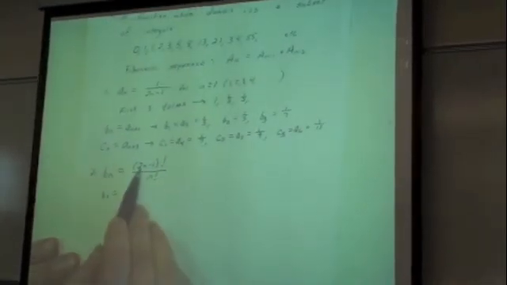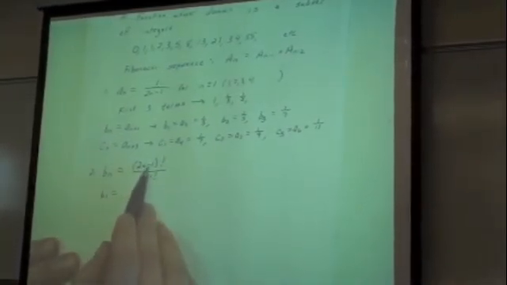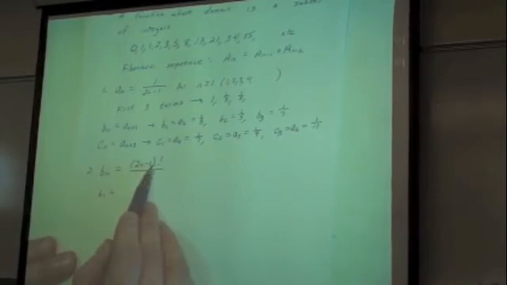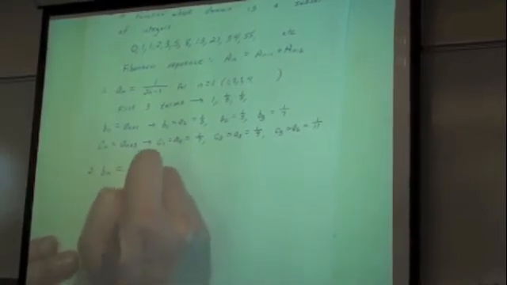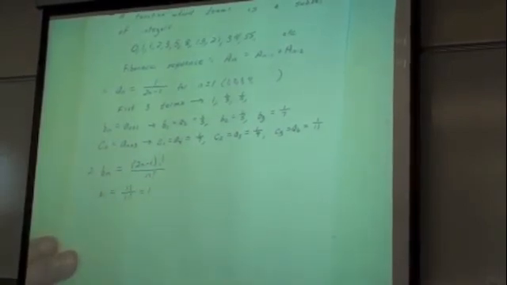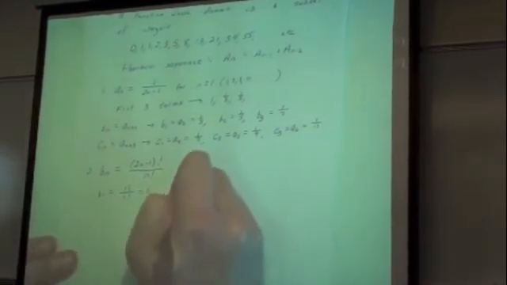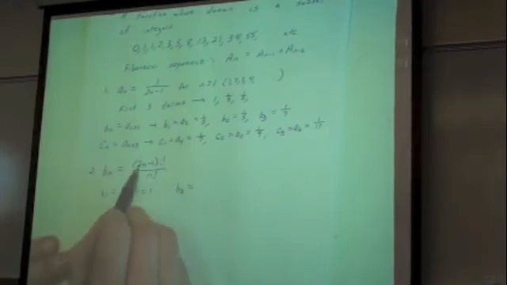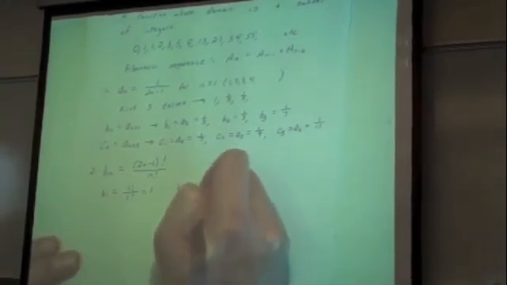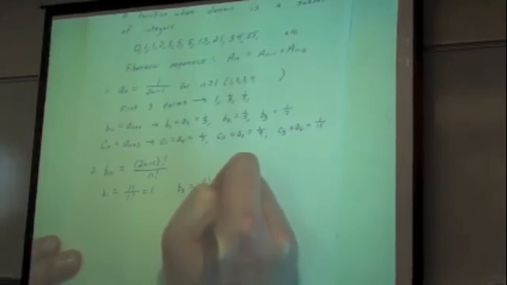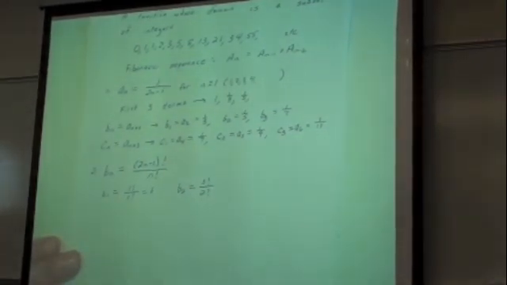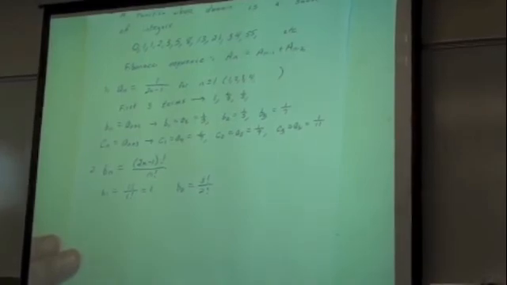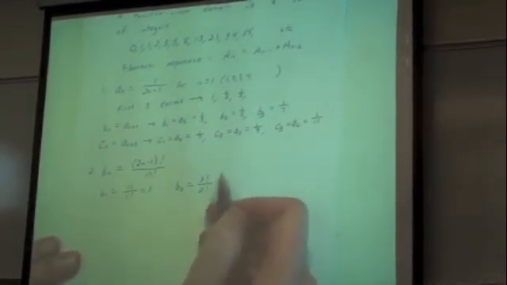You just plug a 1 into this formula and say, it's going to be 2 minus 1, 1 factorial, divided by 1 factorial. Sounds like 1 to me. b sub 2. 2 times 2 is 4 minus 1. That's 3 factorial, divided by 2 factorial. 3 factorial divided by 2 factorial is just 3. The 2 factorial cancels out the 2 times 1 part of the 3 factorial, so I'll just get 3.